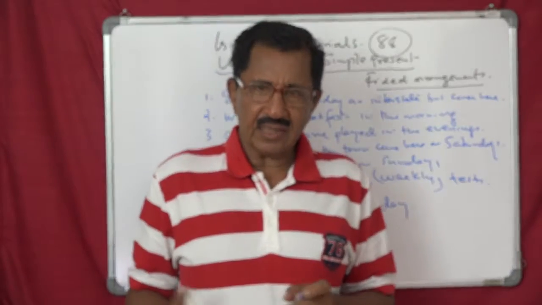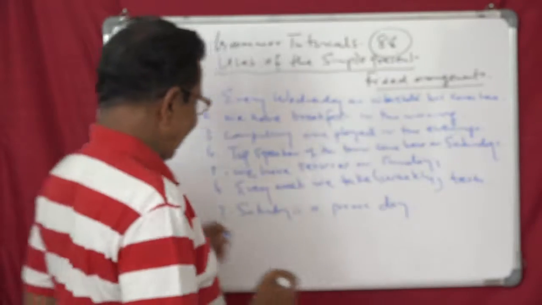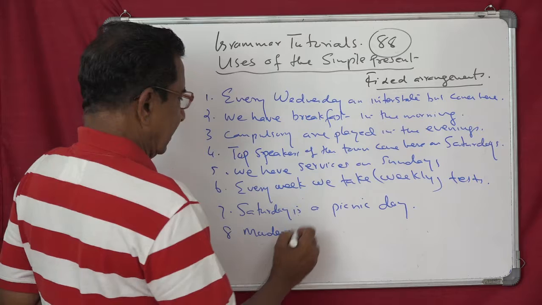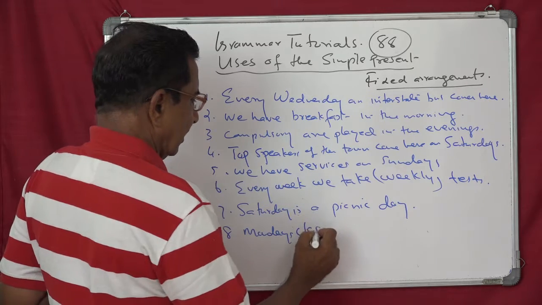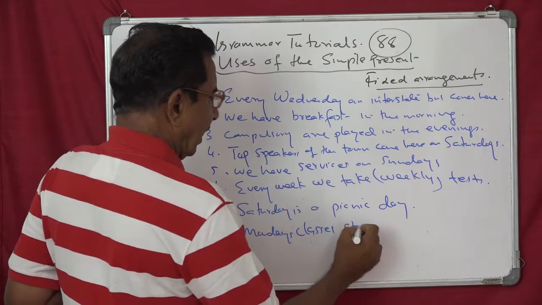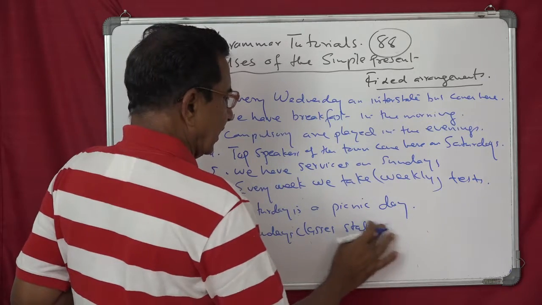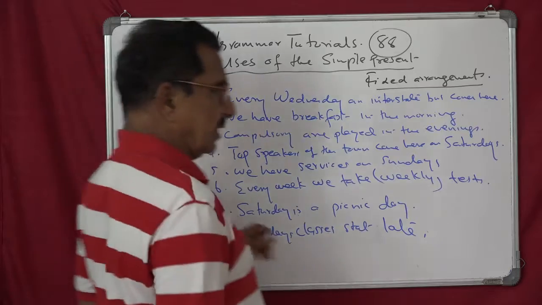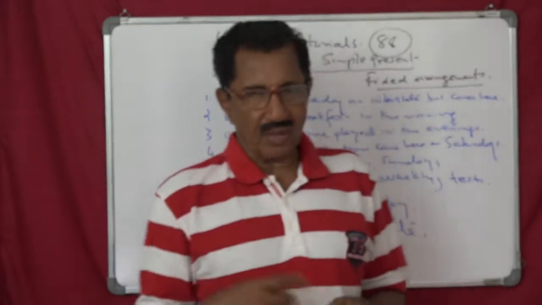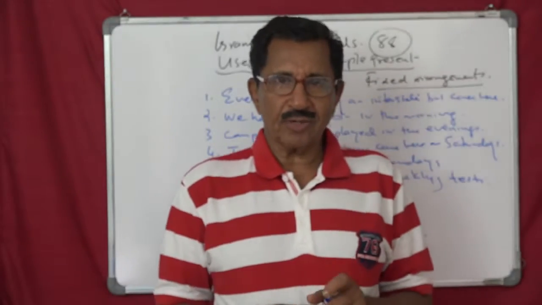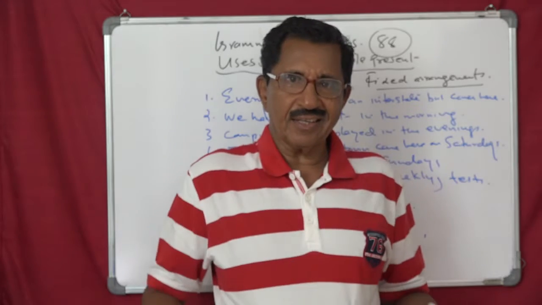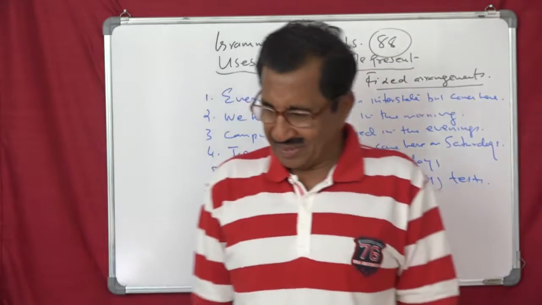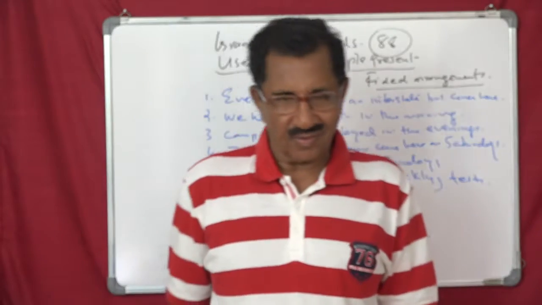Monday classes start late in the morning. Why late? Because Saturday, Sunday is a holiday, so many people come late, so the school authority thought that we should start the class late. Otherwise, half of the students will be absent. They won't be getting the class. So they thought that, okay, we will do like that.